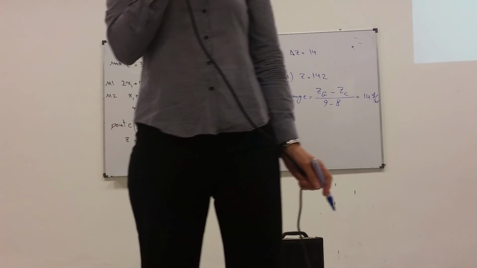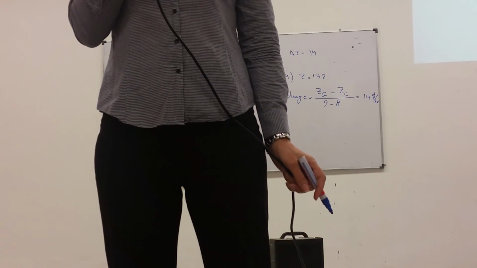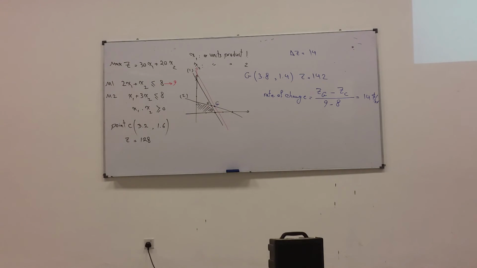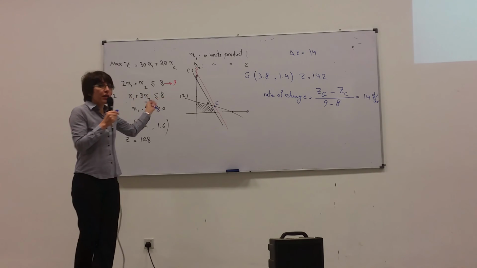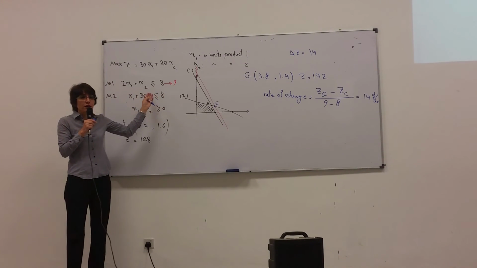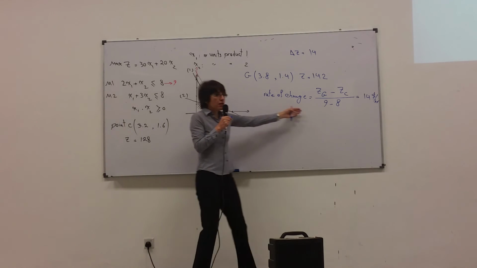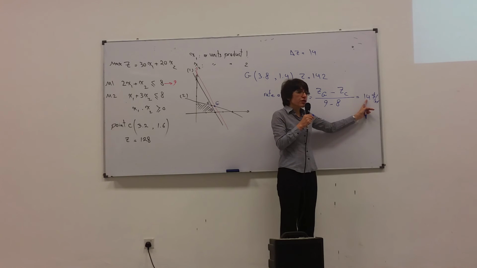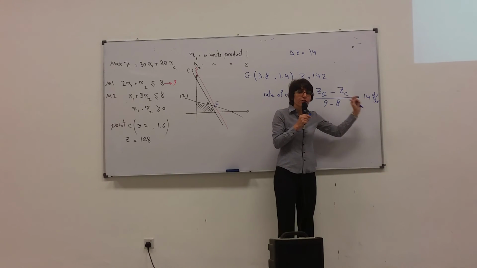So if I change 8 to 10, what happens? After you find this rate of change, you can consider any other change without solving the new problem again after I change the right hand side. By using this formula, I found that the rate of change is $14 per hour.